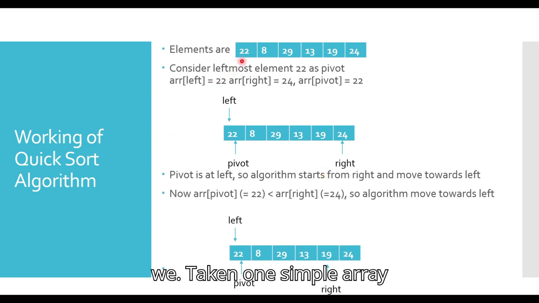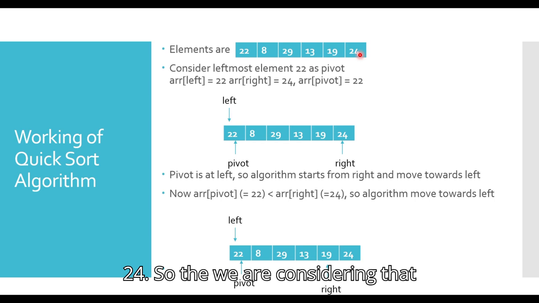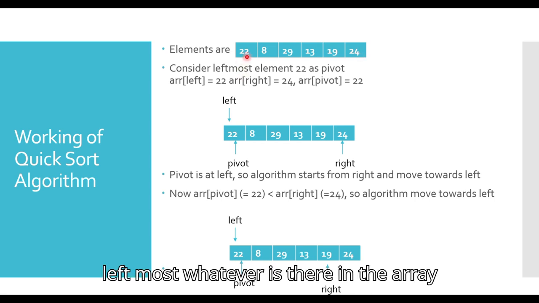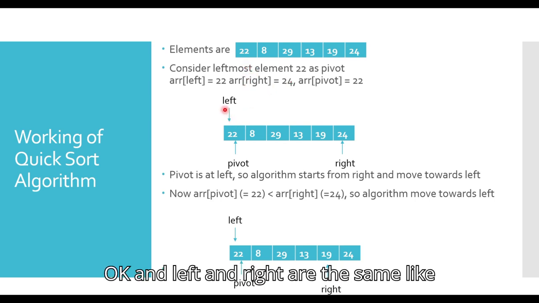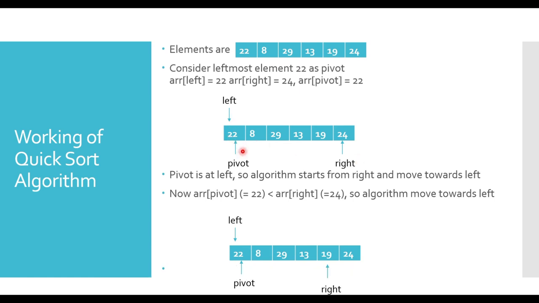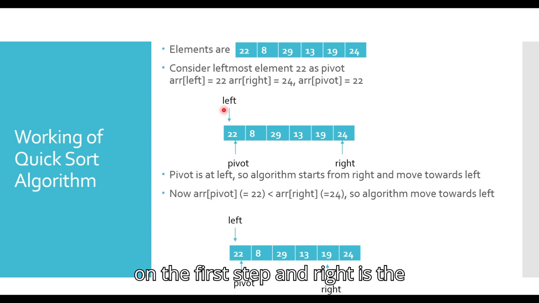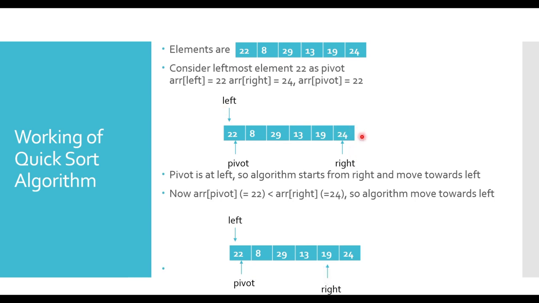Here we have taken one simple array of size 6 with elements 22, 8, 29, 13, 19 and 24. We consider the leftmost element of the array as the pivot element. Left and pivot are the same on the first step, and right is the last element of the array.